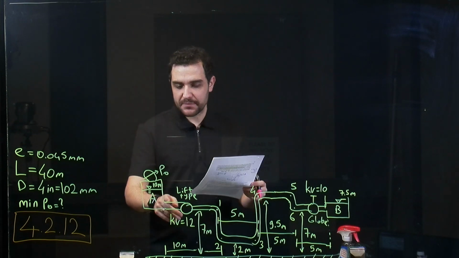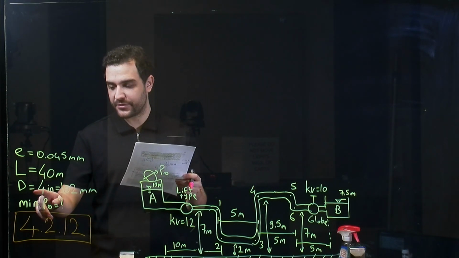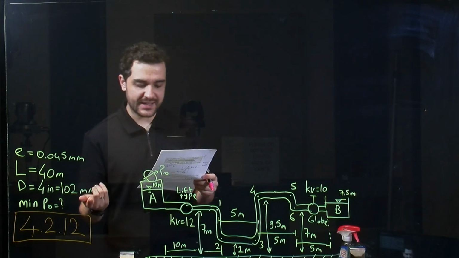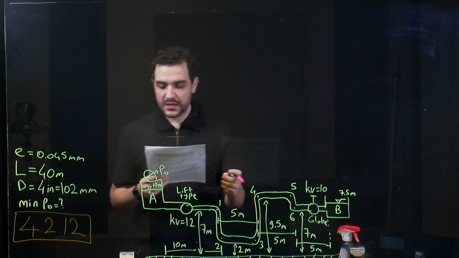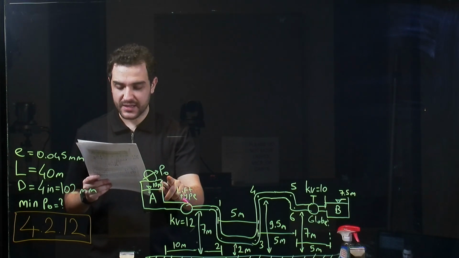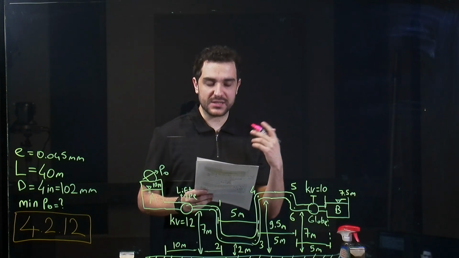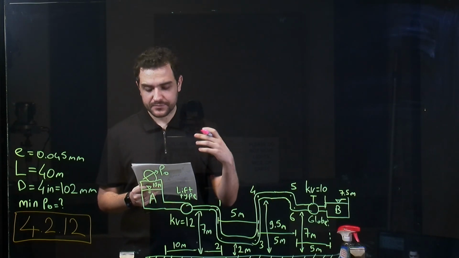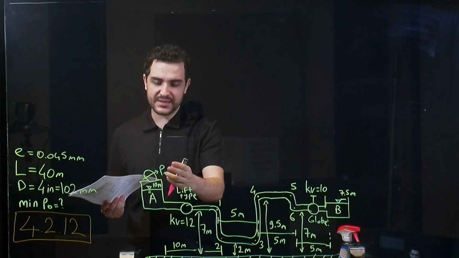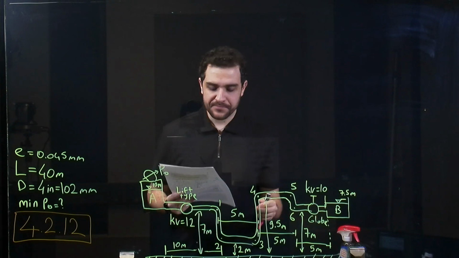And the pipe length of the pipeline is 40 meters and diameter is 4 inch or 102 millimeters. And in this question, we need to find the minimum pressure, which is PO, that would keep the pressure head throughout the pipe positive. So we will find the pressure at this point. The pressure will be positive throughout this pipe.